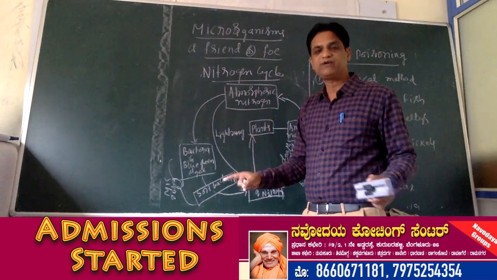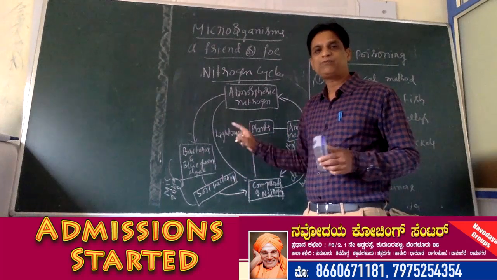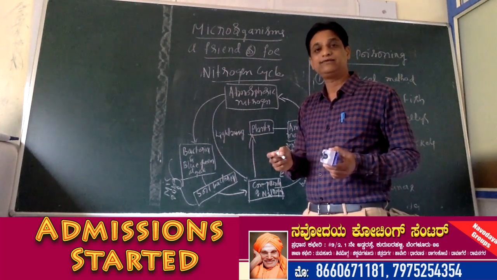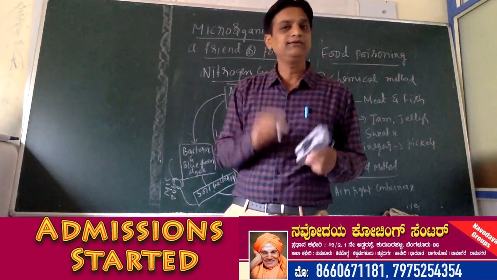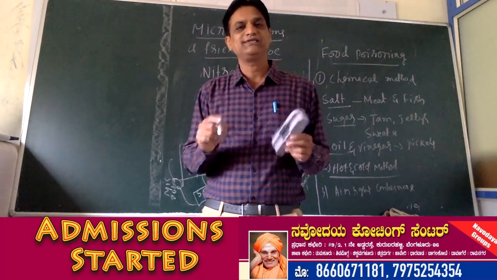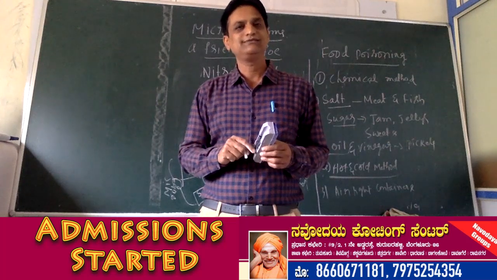They are all responsible to carry out the nitrogen cycle. Suppose if the nitrogen cycle will not happen, then definitely we can say that life would not have existed. Okay, so that is the importance of microorganisms in the nitrogen cycle.